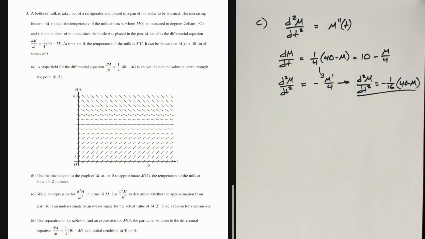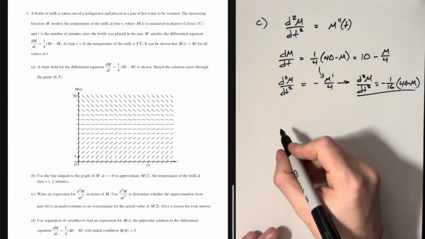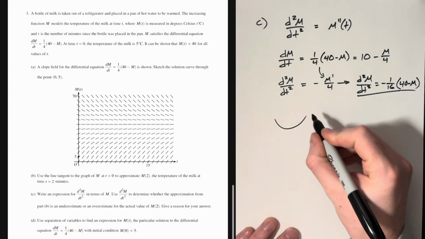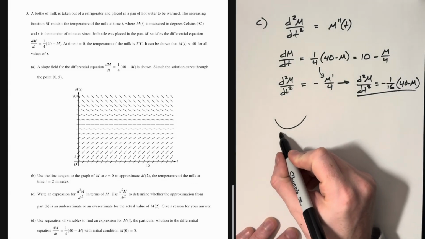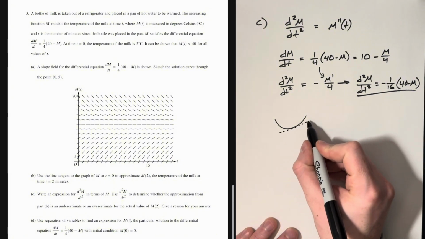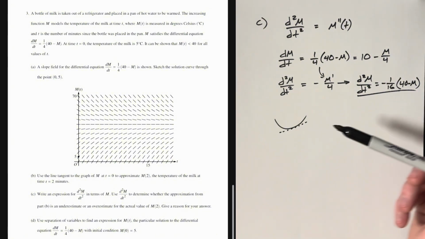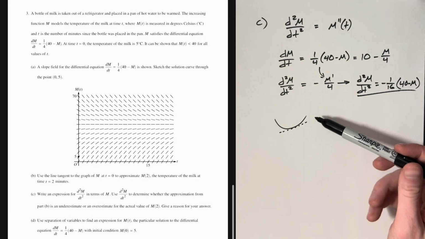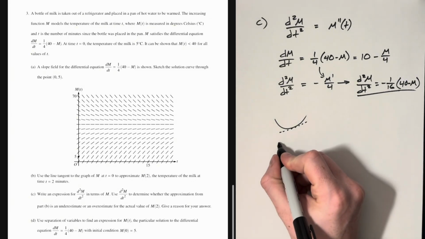The second part says use it to determine whether the approximation from part B is an underestimate or overestimate for the actual value. Now, let's talk about estimations in terms of the concavity of a function, because that's what it's based upon. If I have a function that is concave up, like this, and I have a tangent line that I'm using to approximate, well, my approximation is always going to be below our curve.